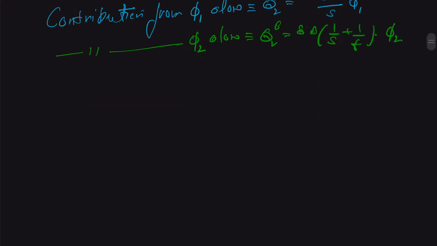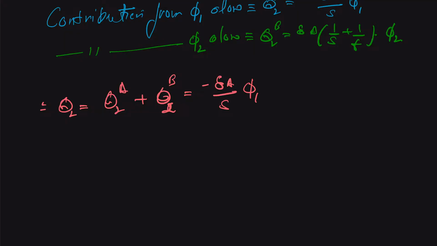So it means the total, that is Q2, will be equal to Q2A plus Q2B, and we can simply substitute the values. We get minus epsilon naught A upon S times phi 1 plus epsilon naught A, 1 upon S plus 1 upon T, times phi 2.